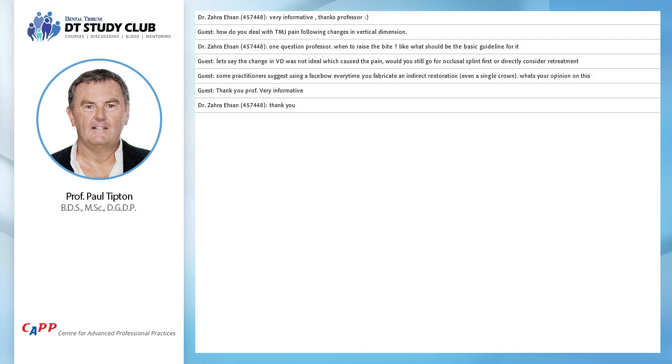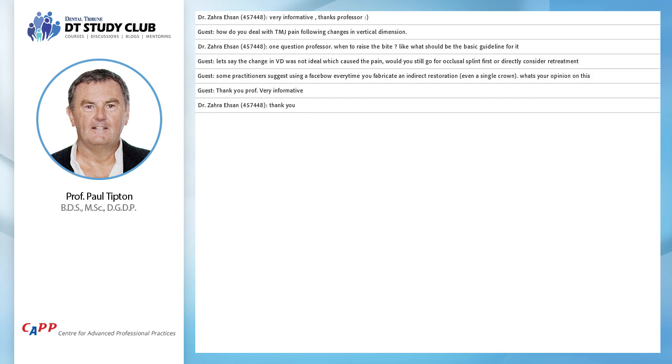And if you now make a splint which is 2 millimeters thick over the molars, it's approximately 6 millimeters thick at the front of the mouth. So what we've done with the occlusal splint is we've increased vertical dimension by 6 millimeters at the front of the mouth. But most importantly, we have put the condyles back in their correct position, RAP.